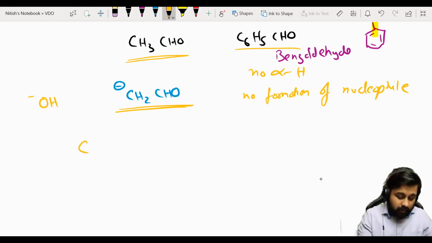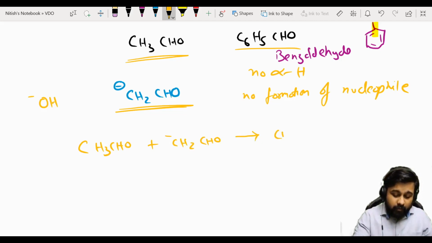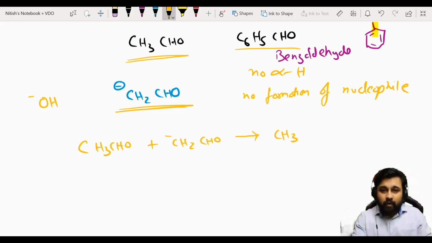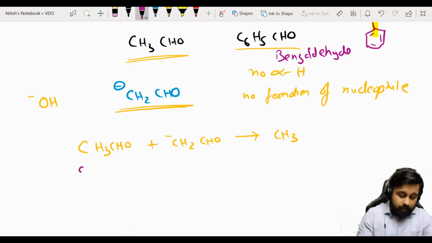So if it attacks acetaldehyde, just as in the above reaction, it will form the aldol. So whenever we write the product of aldol condensation, there are two points: identify the aldehyde, identify the nucleophile. How do you write the product?